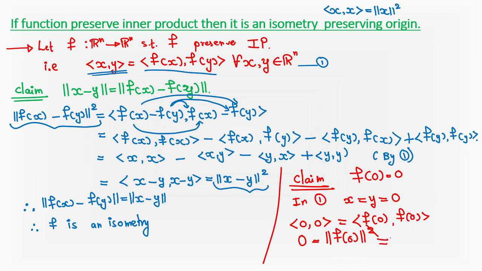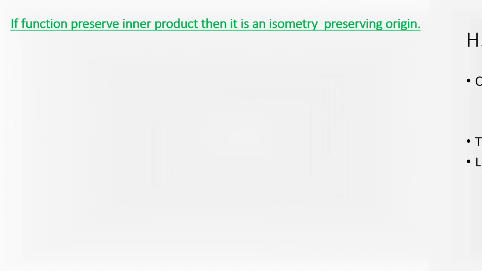This implies that the vector f of 0 must be 0, because the norm can be 0 only if that vector is 0, otherwise it is not possible. So here we have proved both things: if a function preserves inner product, it is going to be an isometry. That means it will preserve distance as well as the origin. Okay, so this is about this.